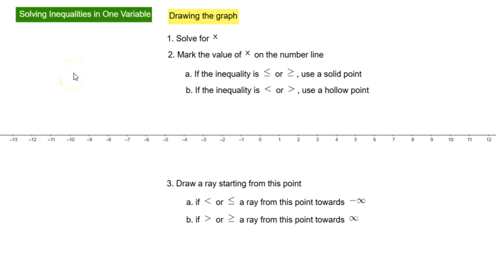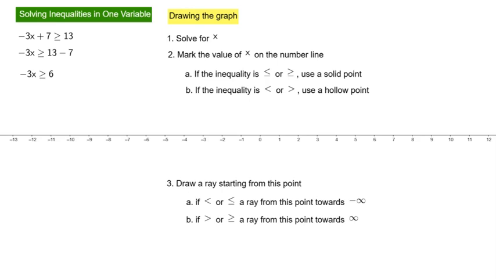Now let's look at two additional examples where we will look at what happens when the inequality is multiplied or divided by a negative number. So we have minus 3x plus 7 is greater than or equal to 13. Minus 3x is greater than or equal to 13 minus 7. Minus 3x is greater than or equal to 6. And now to get rid of this coefficient of x, we have to divide both sides by minus 3.